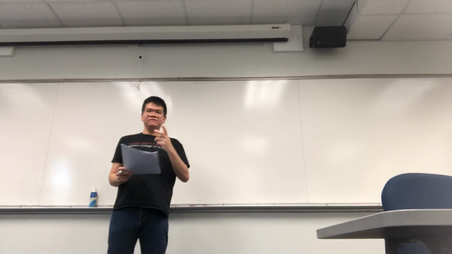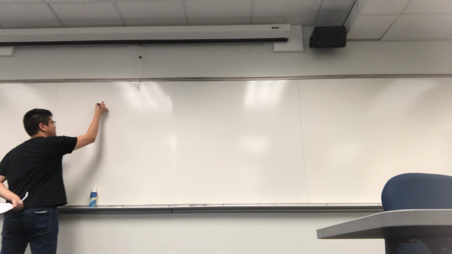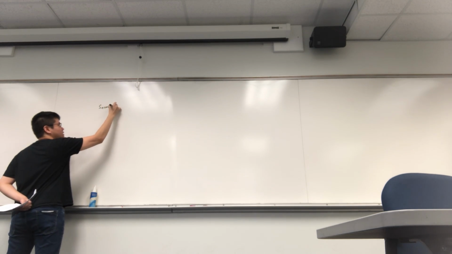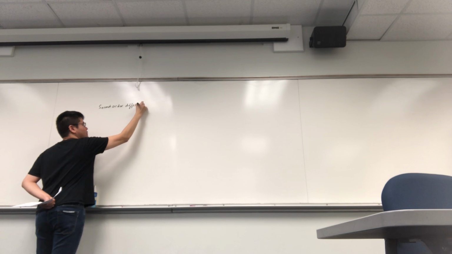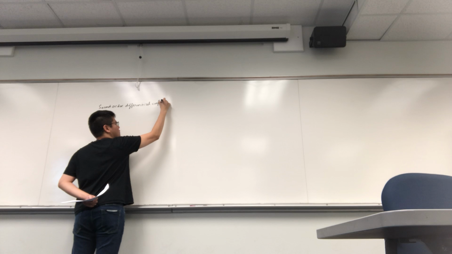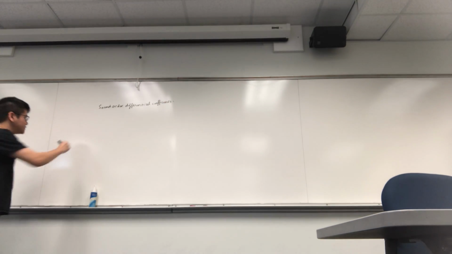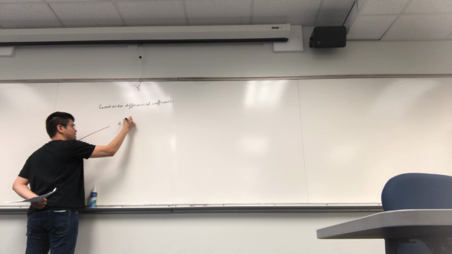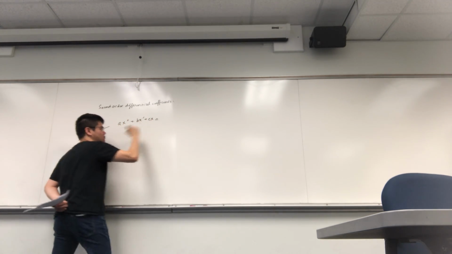Basically, in the previous classes, we've learned about second-order differential equations, right? So there are a few cases. The first case is x double prime plus b x prime plus c x is equal to 0.